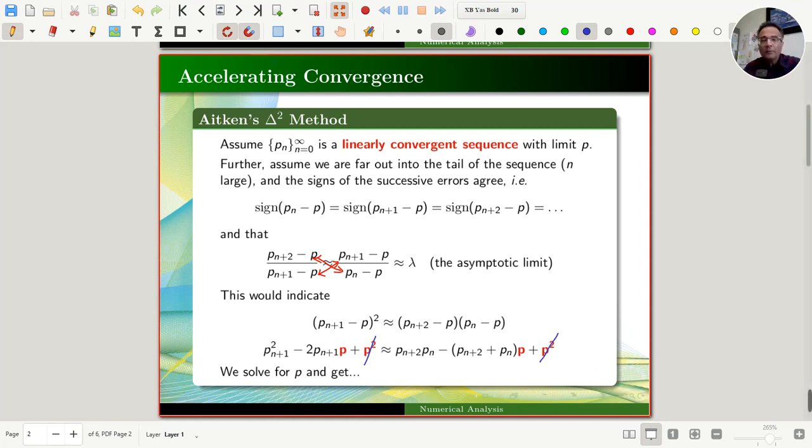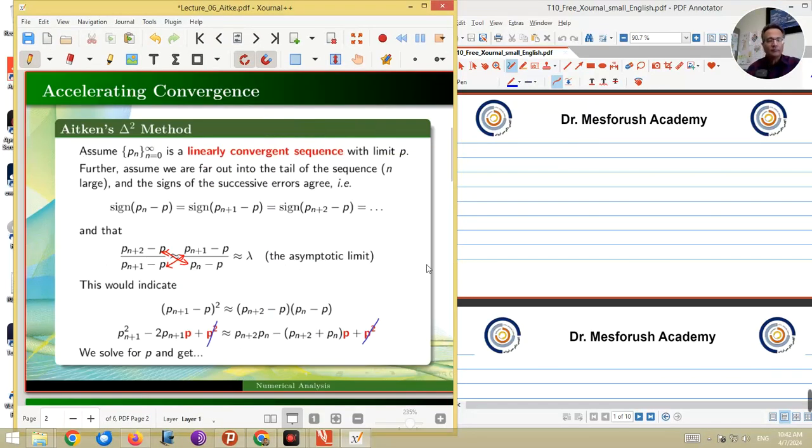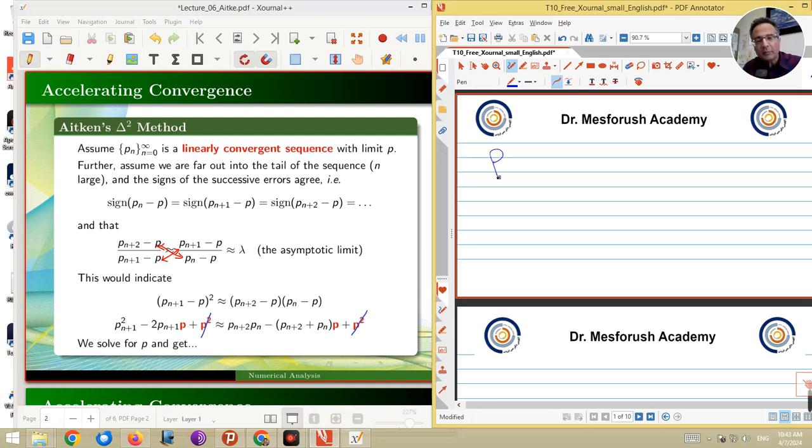Okay, so let me show you something here. Here you can keep Pn+1 squared and Pn+2 times Pn in the left hand side. In fact, it will be Pn+1 squared minus Pn+2 times Pn.